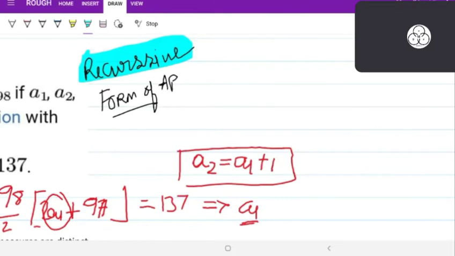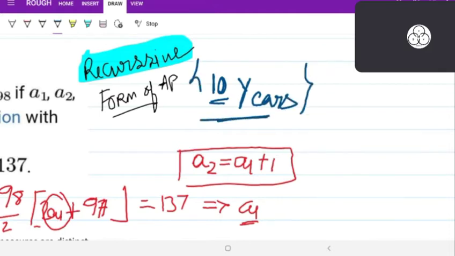Now who is defining the syllabus for PRMO? No, I'm no one to define the syllabus for PRMO, but I'm just saying that based on the past 10 years of paper analysis, we can say that recursion is an out of syllabus topic. But no one can define its syllabus. Yeah, that's true. But based on the past 10 years of analysis, we can say that this is an out of topic thing.